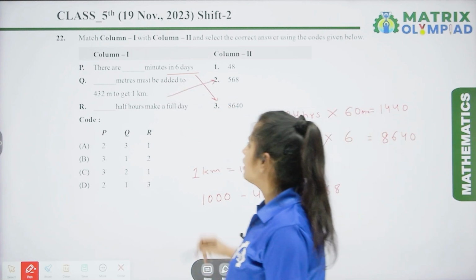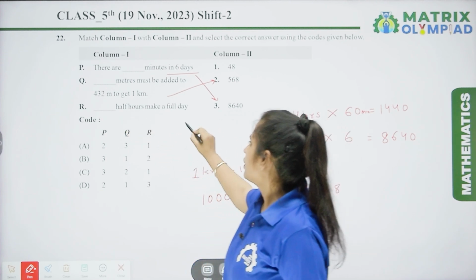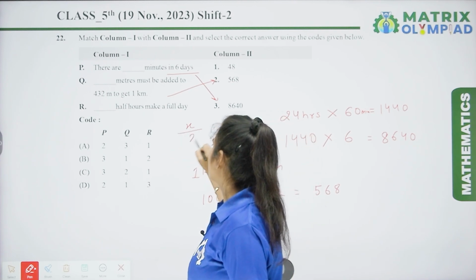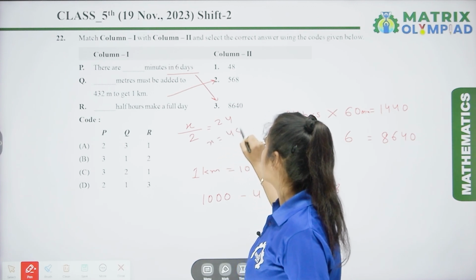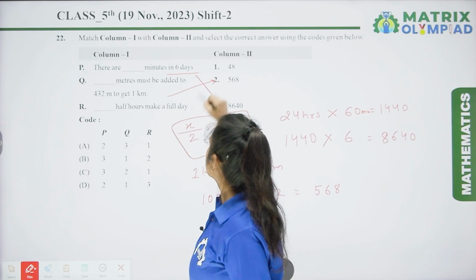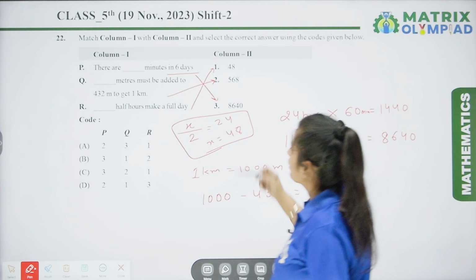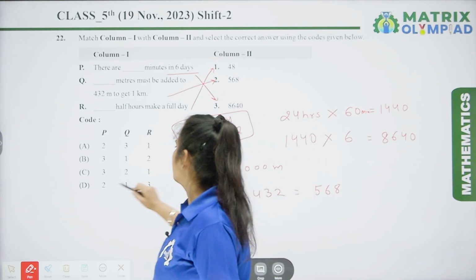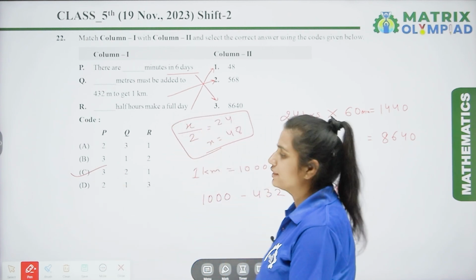Now the next and last one: dash half hours make a full day. We don't know the value, so x upon 2 is equal to 24. The value of x is 48. So the sequence is 3, 2, 1, which is in option C. Option C is the correct answer.